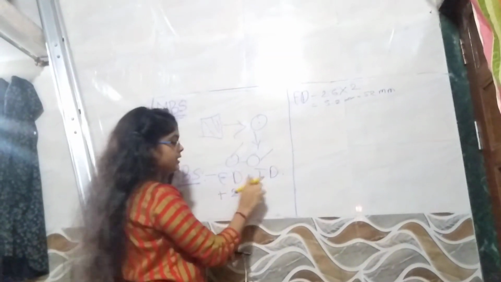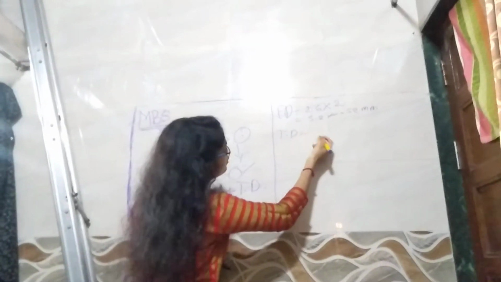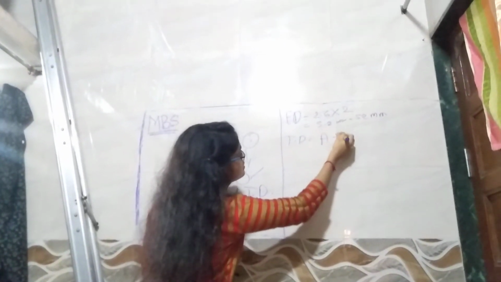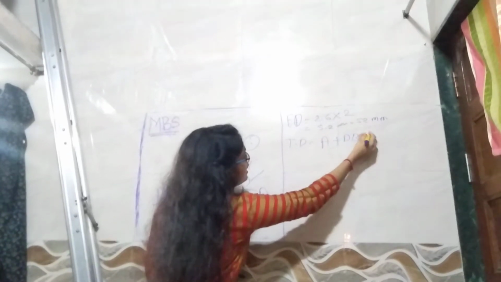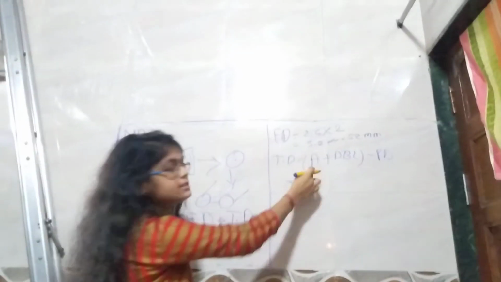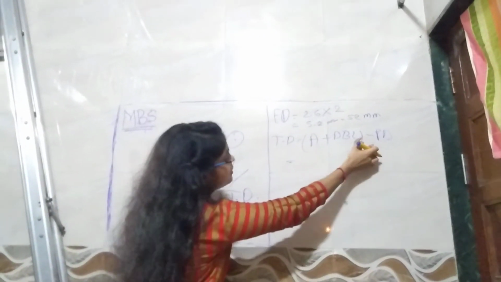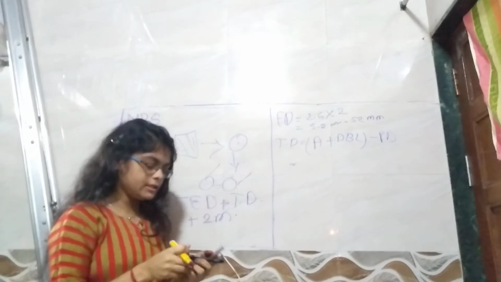And now we'll see the total decentration. Total decentration also has a formula, which is A plus DBL minus PD. A is nothing but the lens size, DBL is the bridge, and PD is the pupillary distance.